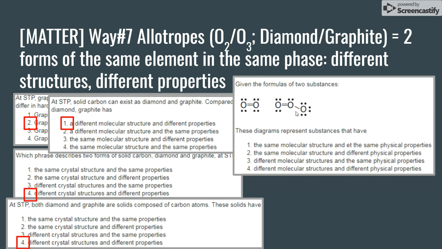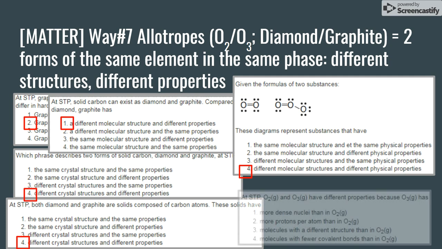And you can see they already have different structures. Again, O2, O3, both gases in the same phase, same element, but because they have different structures, they're going to have different properties. So they are allotropes, so the answer has to be 4.